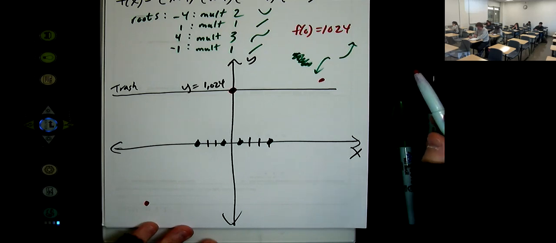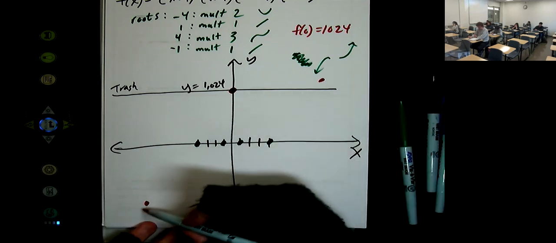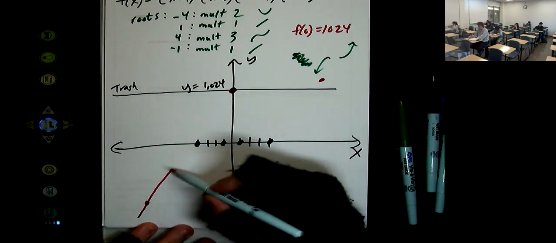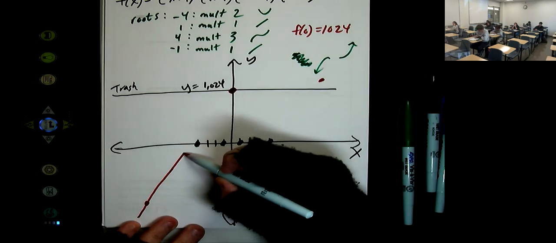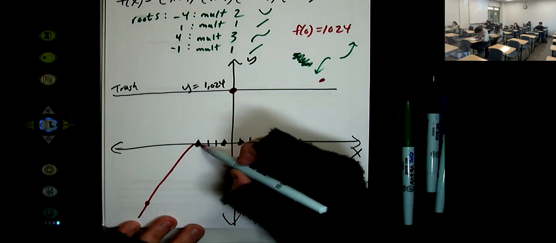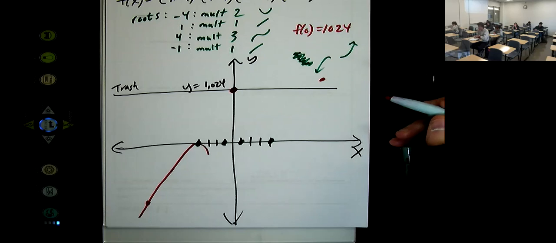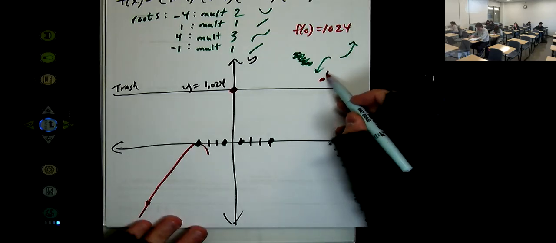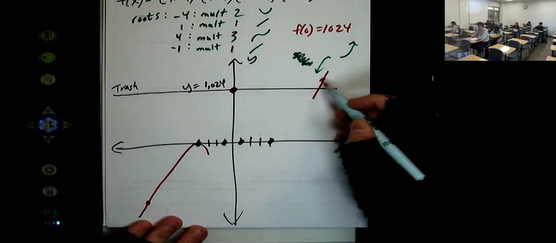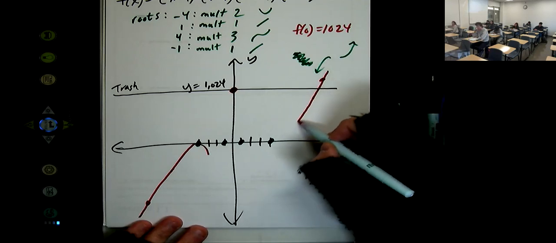-4 has a multiplicity of 2. What does that mean is going to happen when I get to x equals -4? It's going to bounce. It's going to bounce upward and it's going to have to come back down. What about +4? It's going to do the wiggle, right?